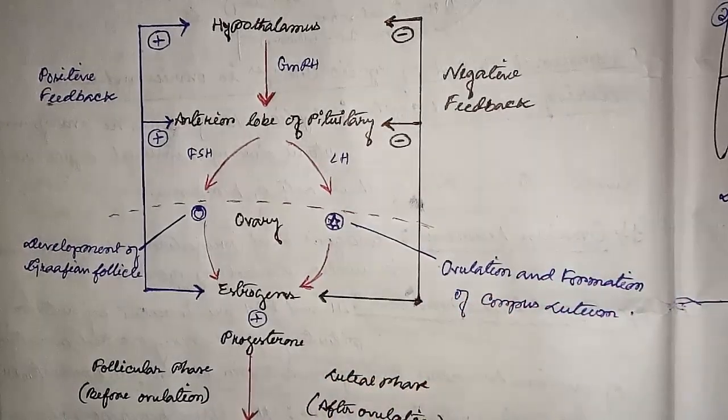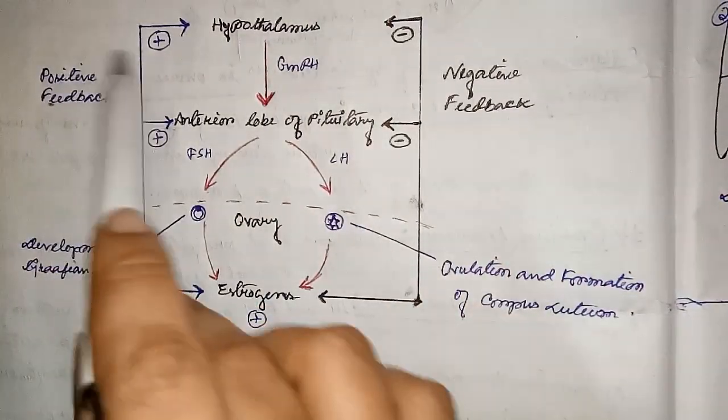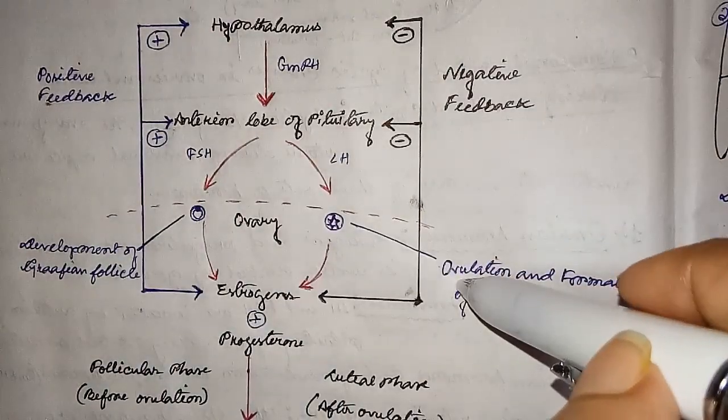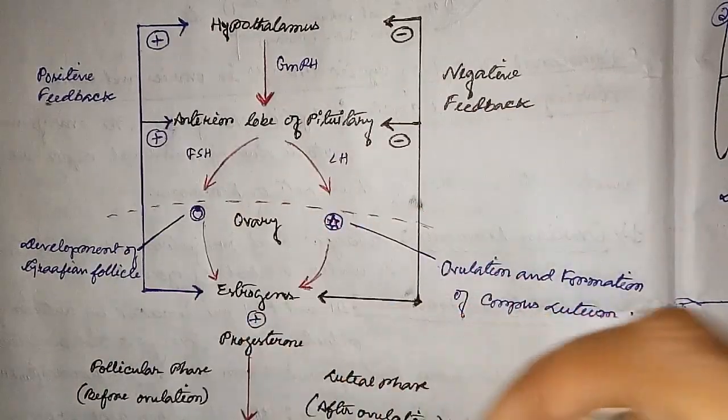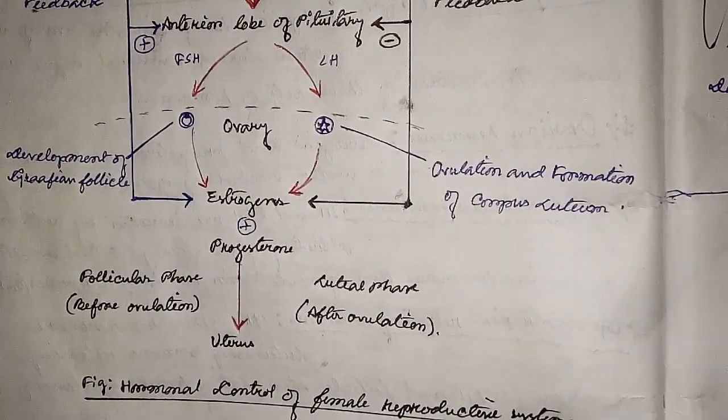Okay. Now this portion shows the negative feedback and this is the positive feedback. So here is the overall structure of hormonal control of the female reproductive system.